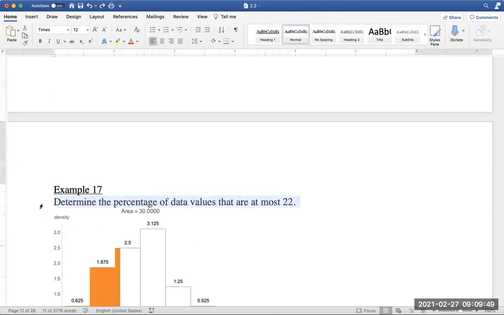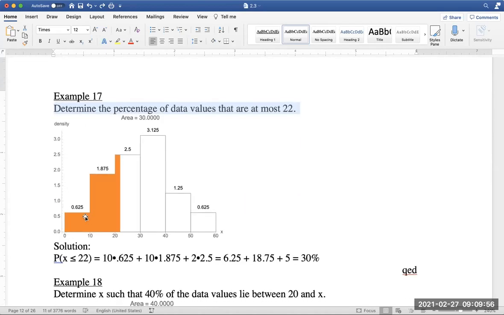Determine the percentage of data values that are at most 22. At most means less than or equal to, so I want the percentage of data values that are less than or equal to 22. Let's figure out each of these areas.